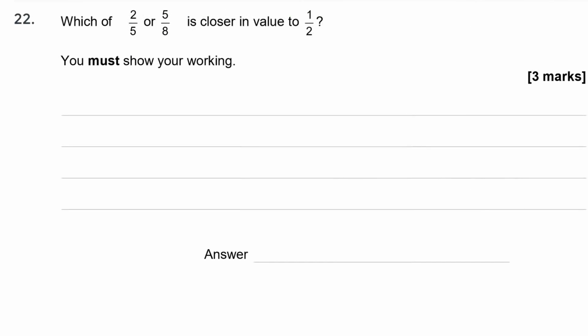Which fraction is closer to a half, 2/5 or 5/8? Now, whenever we're comparing fractions, the easiest thing to do is rewrite each fraction with a common denominator. So we're looking for a common denominator from 5, 8, and 2. So all 3 of those numbers go into 40. So I'm going to change them all into fractions over 40.